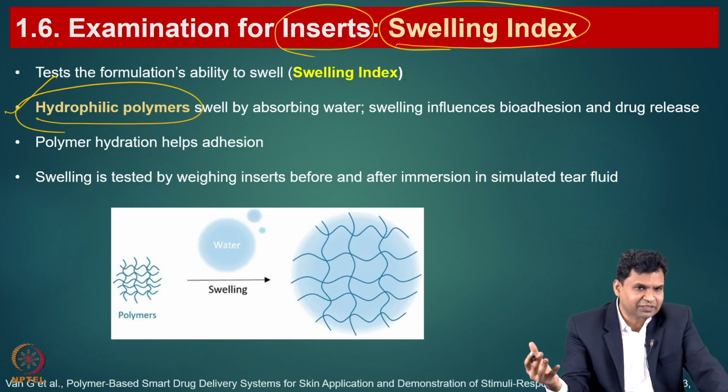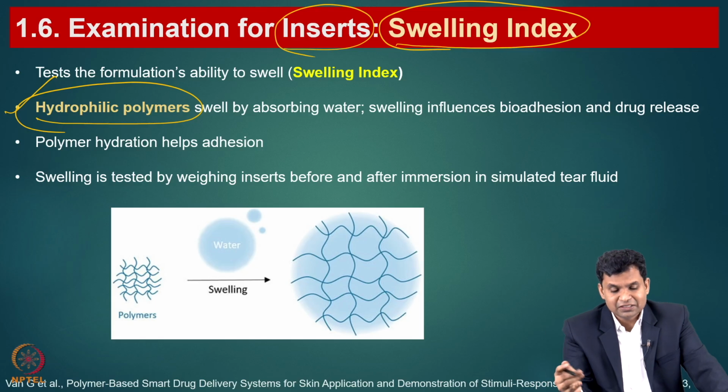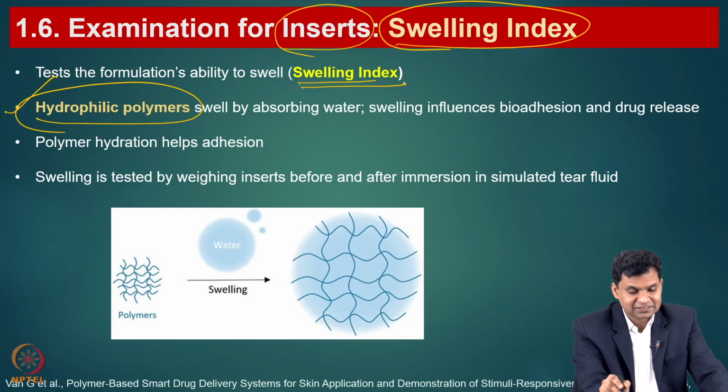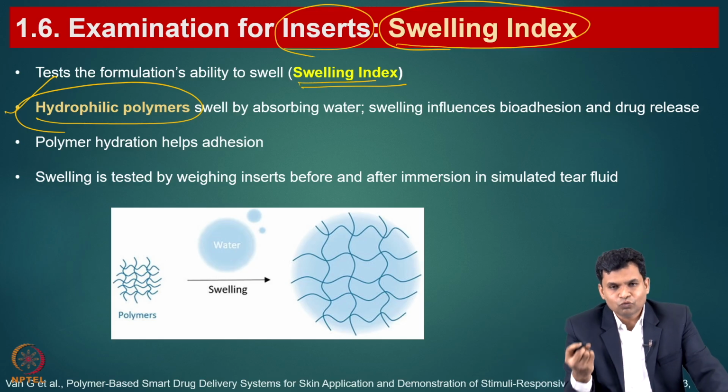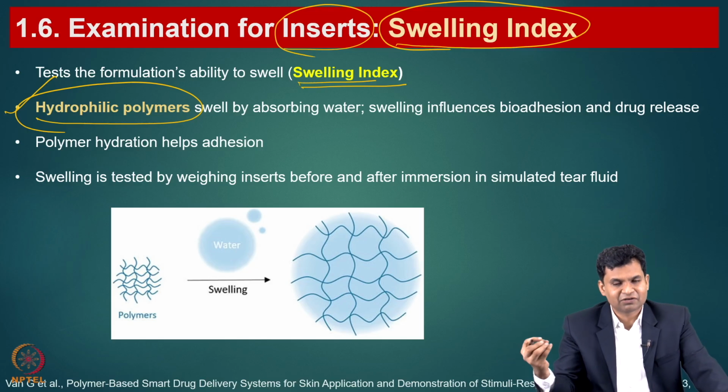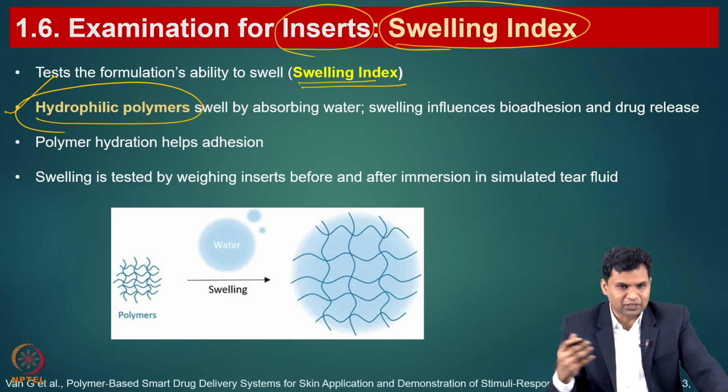This property is very important. To see the swelling index, we measure the time required to swell the formulation, that is, how much water it takes up at different time intervals. That is also very important for inserts as well as implants.